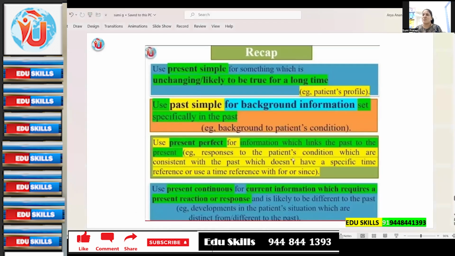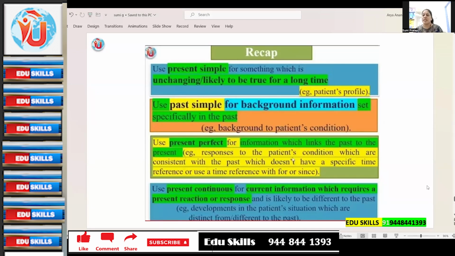The last one is the recap. We use present simple for something which is unchanging, likely to be true for a long time. We can use this in the patient's profile background. Use past simple for background information set specifically in the past, the background of the patient.